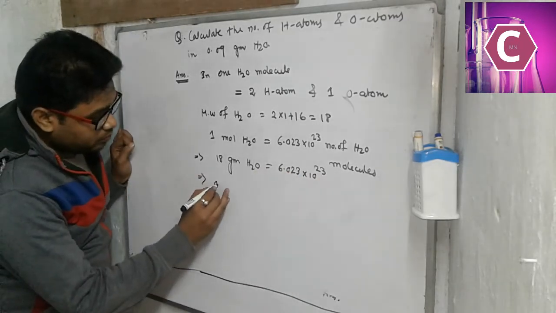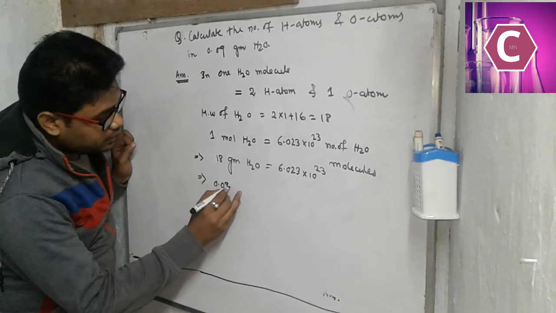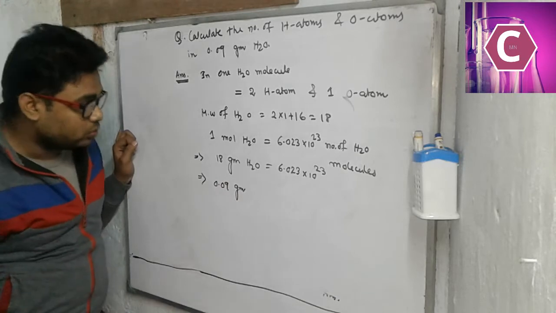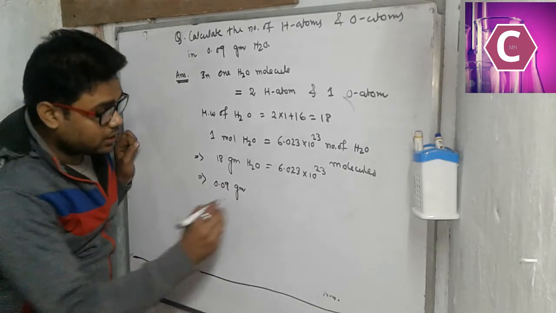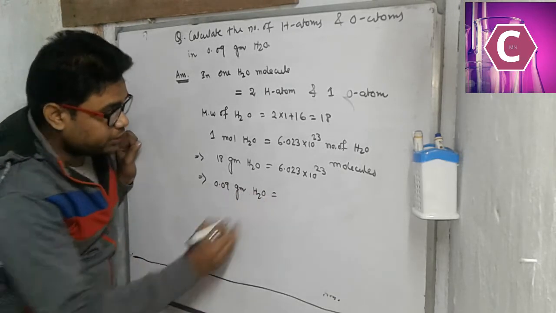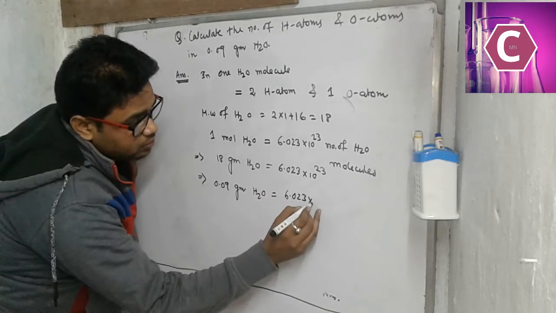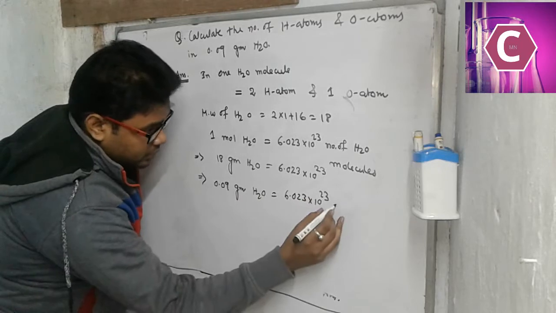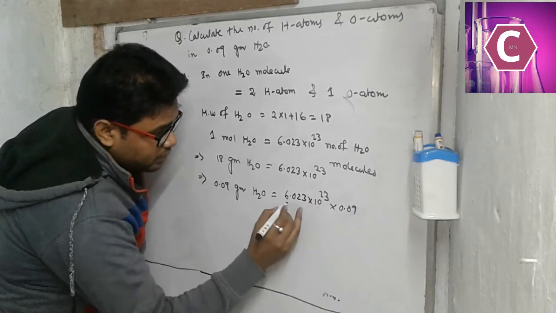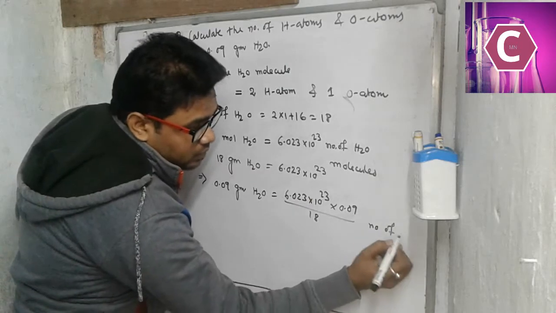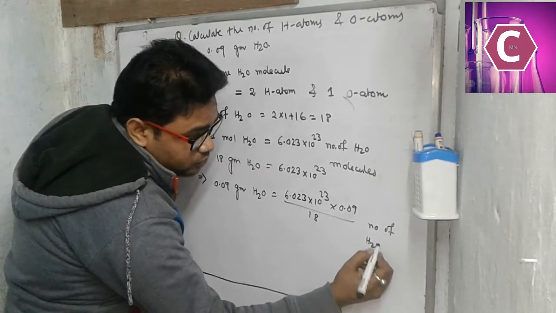From here we can calculate the number of water molecules in 0.09 gram of water. So 0.09 gram of water has 6.023 into 10 to the power 23 into 0.09 divided by 18 number of H2O molecules.